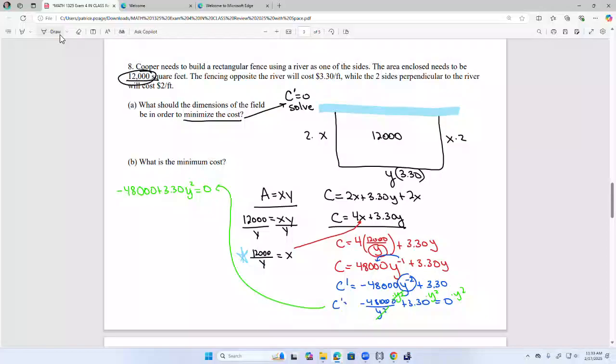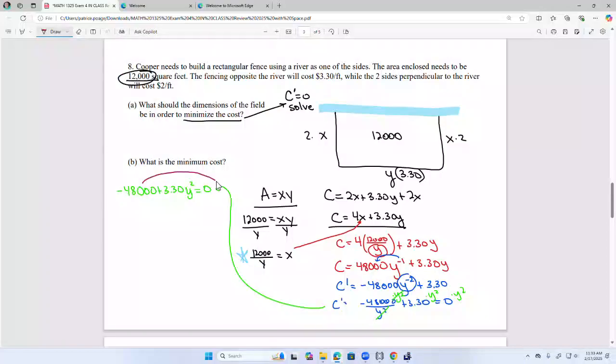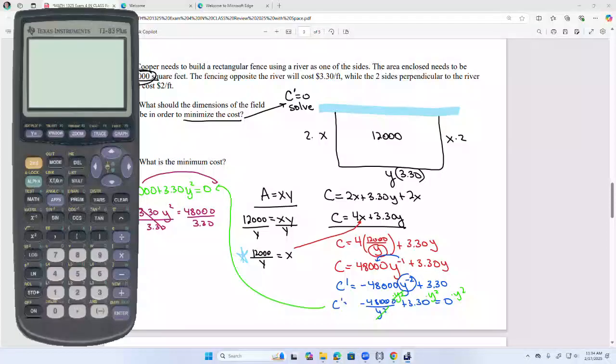Solving for y, I'm going to add 48,000 to the other side. Divide both sides by 3.30. And I'm going to see what that gives me. So I have 48,000 divided by 3.3, which is a crazy number.